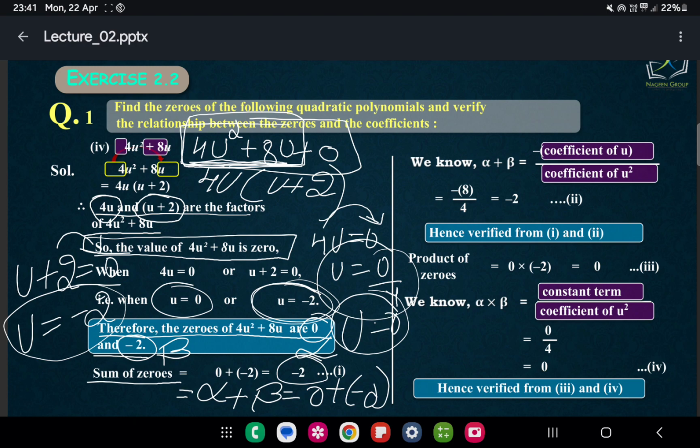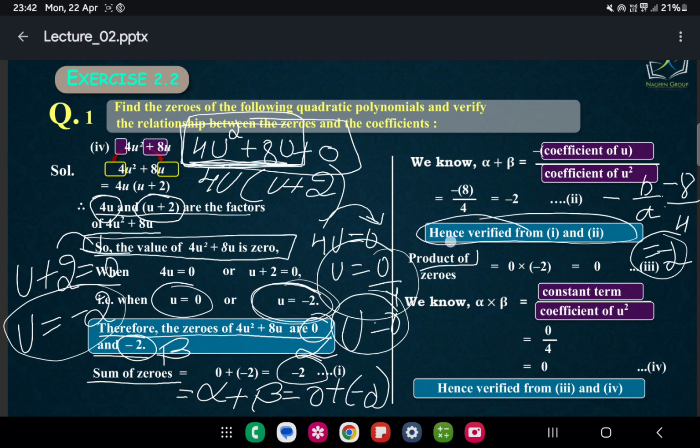So we will get minus b divided by a. So minus of b is 8 and a is 4. You will get minus 2. So it has been verified, hence it is verified.